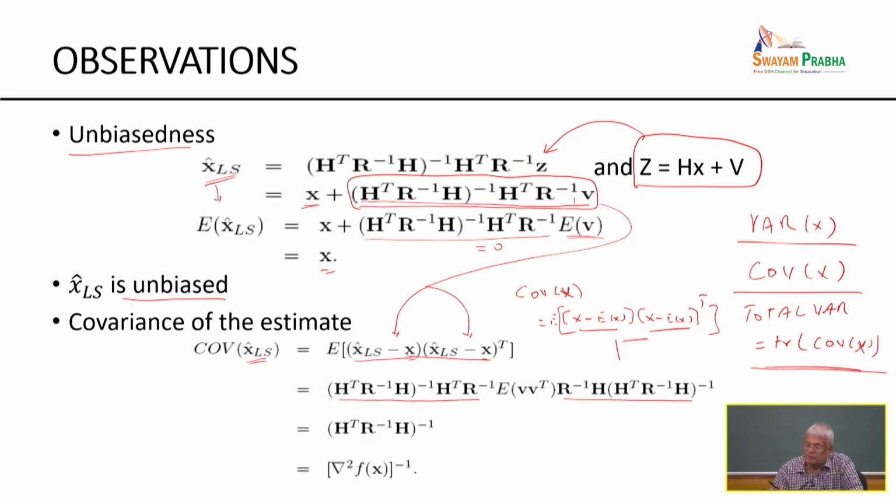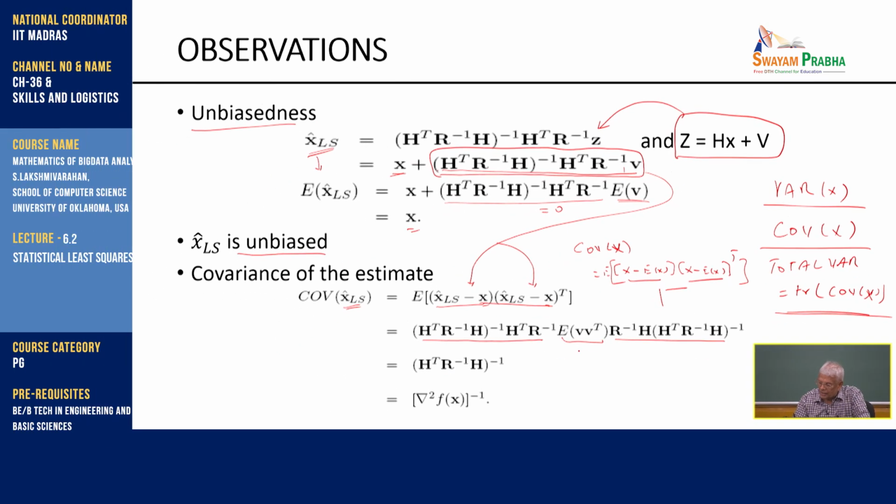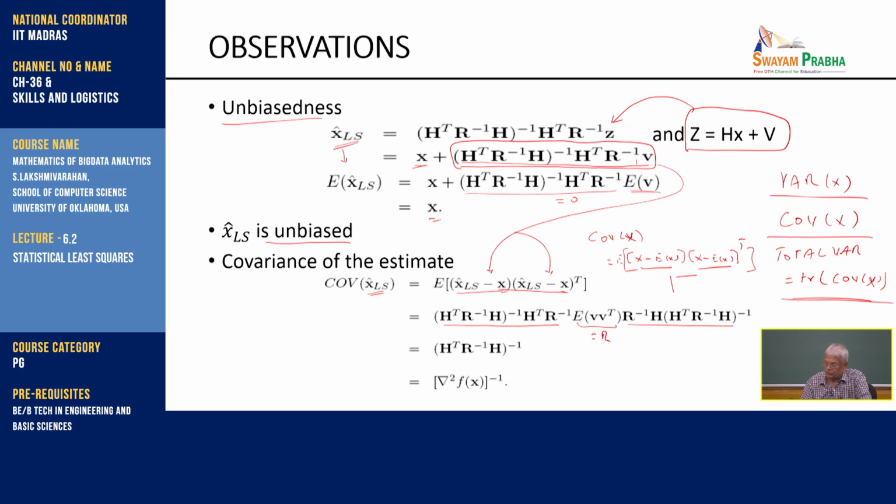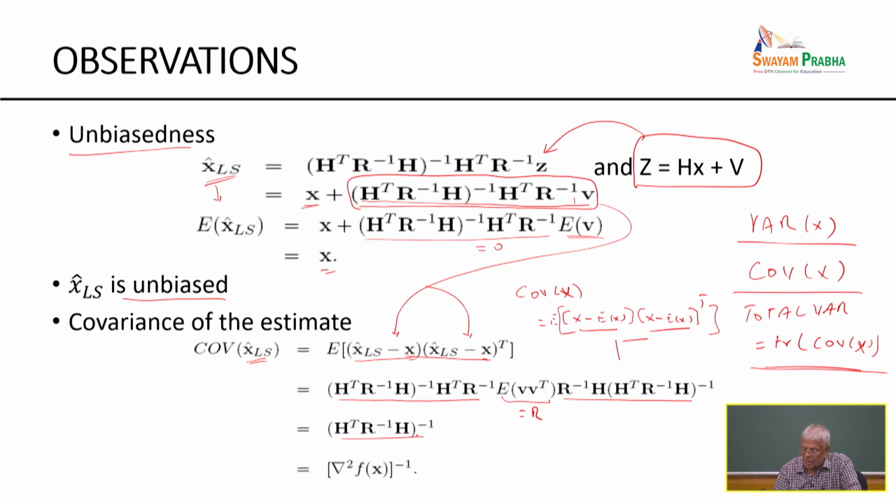So if I substitute and take the transpose of this, you can readily see this factor comes out, this factor comes out, this is the middle one. And this is equal to R. R inverse will cancel. Then H transpose R inverse, H transpose R inverse H inverse, they will cancel each other, leaving behind only one term, which is H transpose R inverse H inverse.